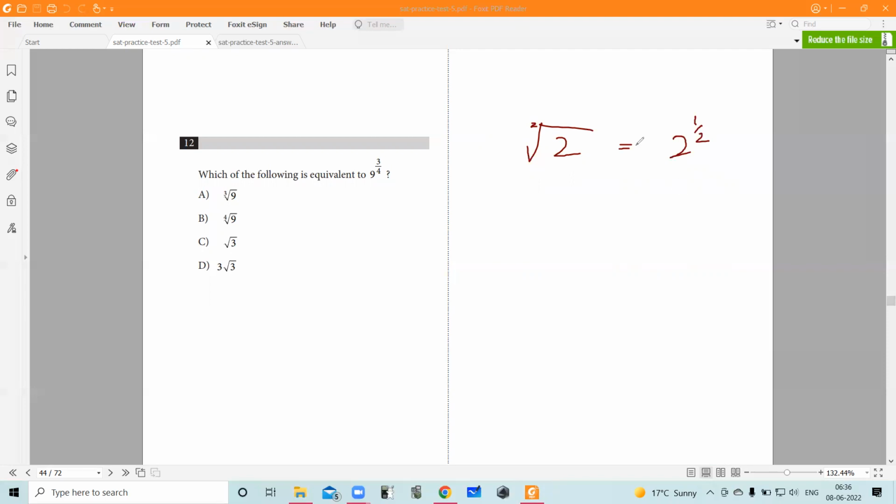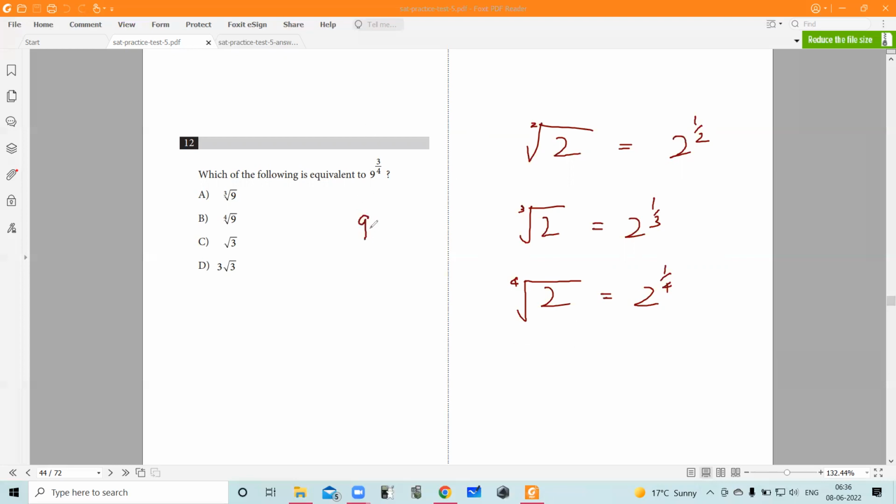Right. Yes. And the cube root of 2 means 2 raised to the 1/3, right? Yes. And in the same way, the 4th root of 2 means 2 raised to the 1/4. Yes. And so on.